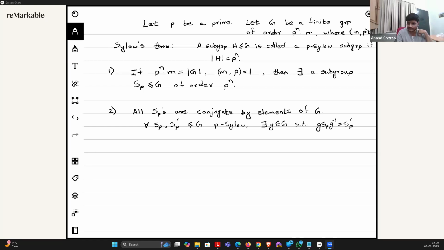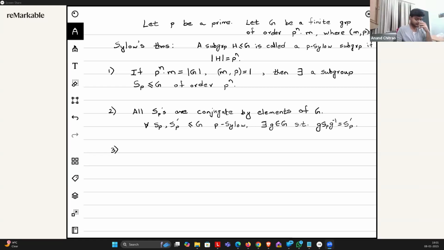Is that okay? Yes, sir. Yeah. Sometimes the alternate version of this is taken to be any p-subgroup of a group G is contained in a p-Sylow. But yeah, you can go between many statements.